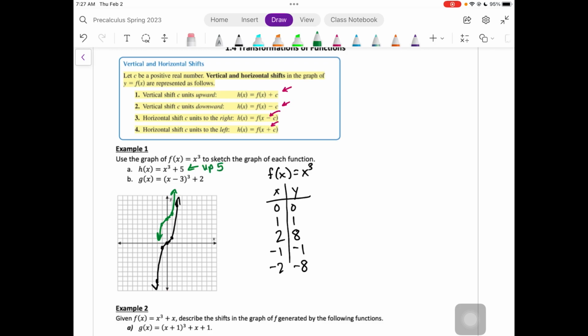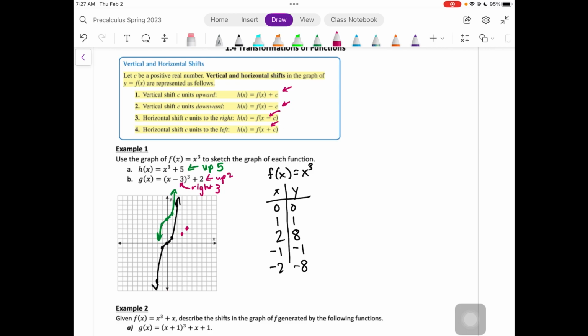All right, and then for the next one, we're going to the right 3, and up 2. So we're going to go to the right 3, 1, 2, 3, and up 2. And then we're going to do this point right here. We're going to go to the right 3, 1, 2, 3, and up 2.